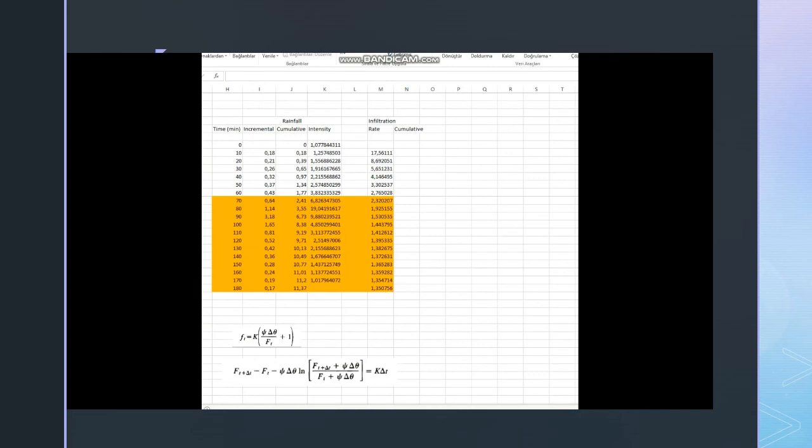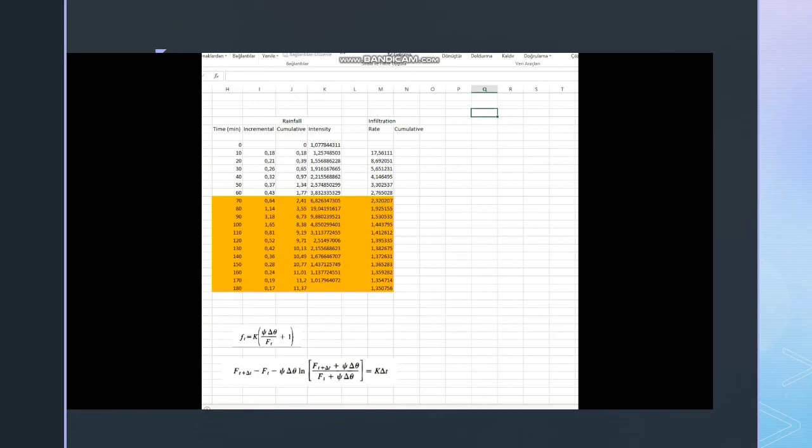Okay, now we need to find the cumulative infiltration on this side in order to find the infiltration rate later on. So first of all we need to find the cumulative infiltration. We are going to use this formula. Let's write it down here.